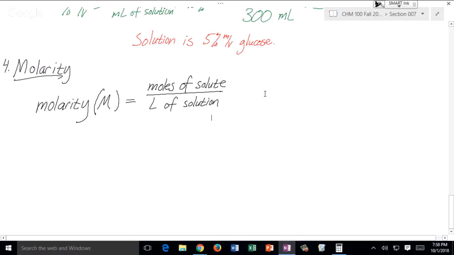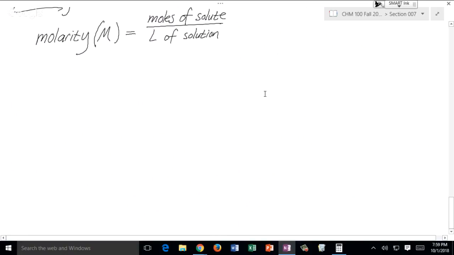So let's practice calculating molarity and doing some other types of calculations with it. So the first thing we can calculate is just straight up calculating the molarity given the amounts of solute.